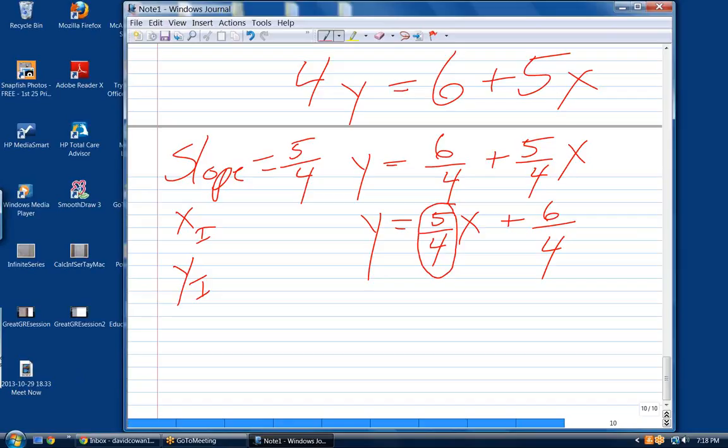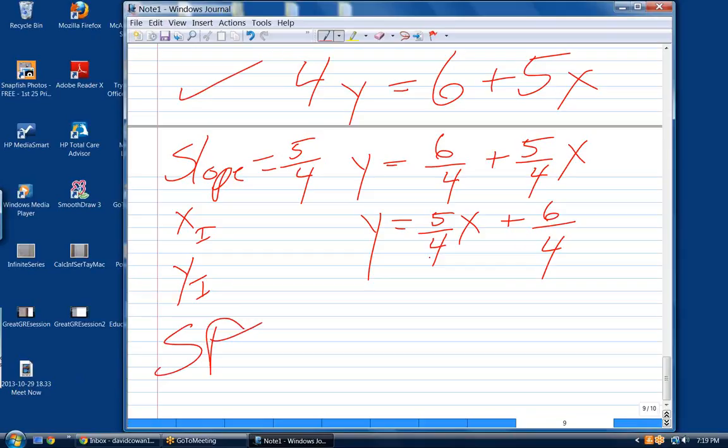Now, the best way to solve for the intercepts, to my thinking, is to put it in standard format. So what's standard format for this equation?